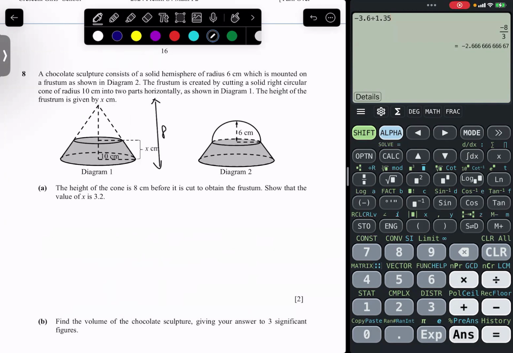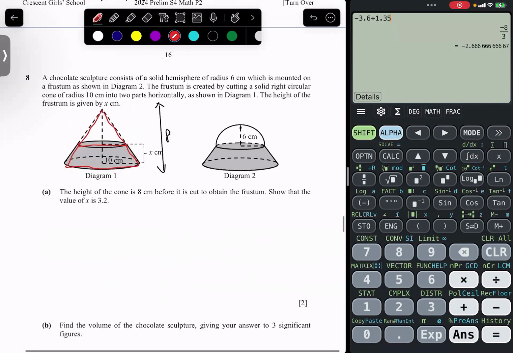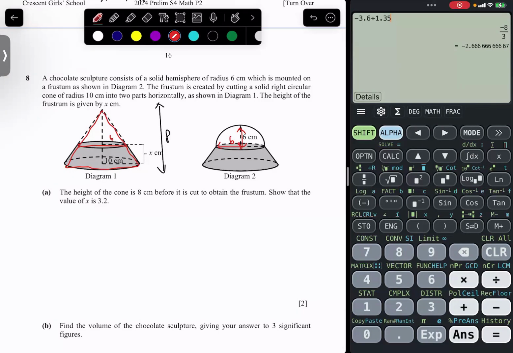So this is 8. A frustum always gives similar triangles, like this. On diagram 2 we can see that this is 6 cm, which gives you a hint that this is also 6 cm. So that means we will have 6 over 10 equals 8 minus x over 8.